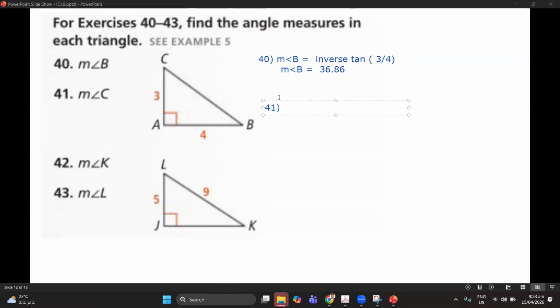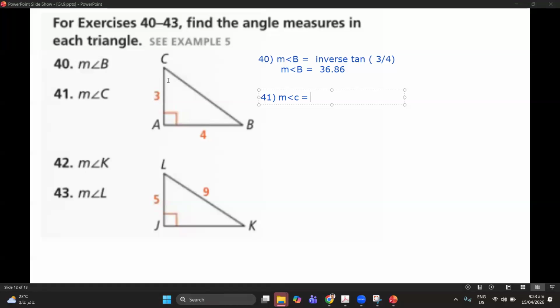Yes, Asil. For number 41, how can you find the measure of angle C now? For angle C, what's given? How is the 3 related to angle C? It's the adjacent. And the 4, how is it related to angle C?